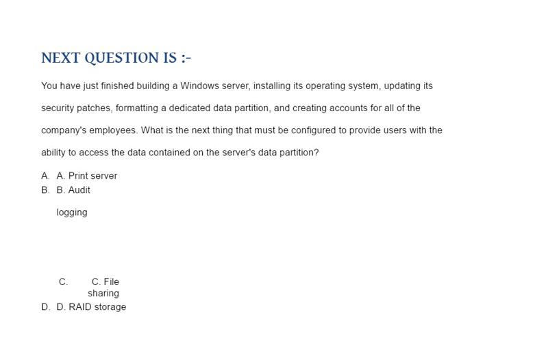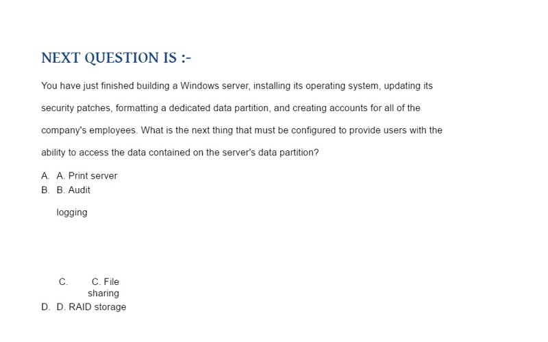Question is, you have just finished building a Windows server, installing its operating system, updating its security patches, formatting a dedicated data partition, and creating accounts for all of the company's employees.